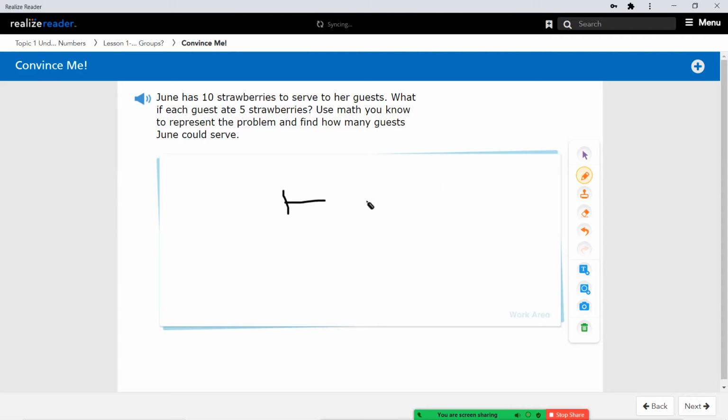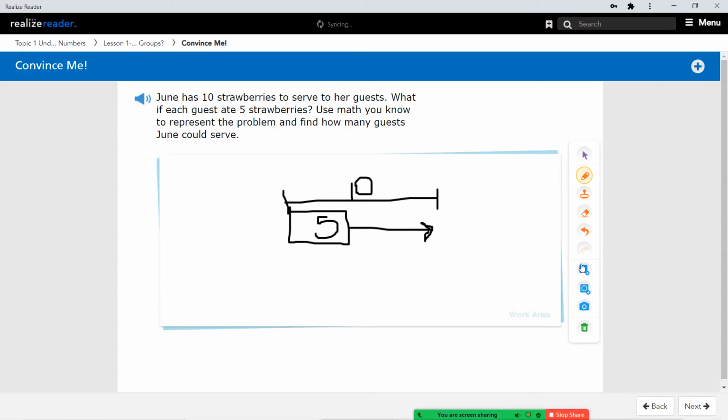So what I'm going to do first is I'm going to draw my bar. We know there's 10 strawberries and each guest is going to get 5 strawberries. Now, I don't know how many guests June is going to be able to serve yet, because I don't know how many groups I have.